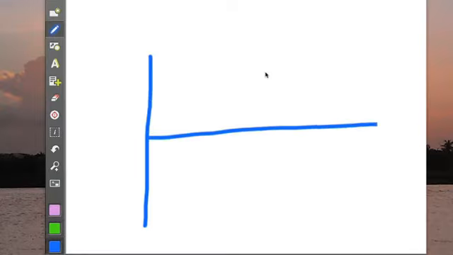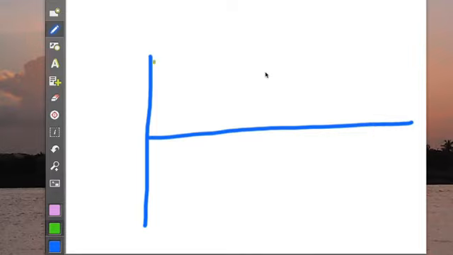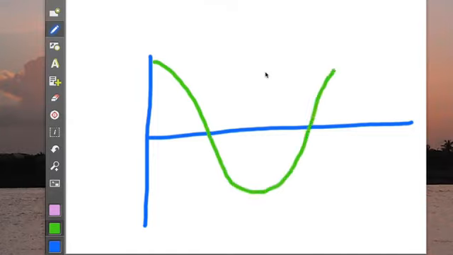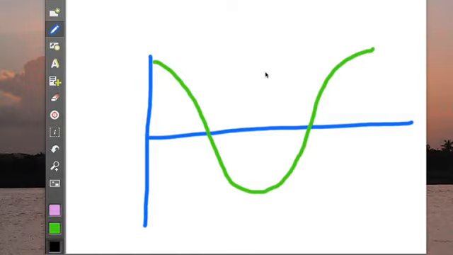Here's our axis, and the green is going to be our displacement graph. Let's try this again just so we can have a full cycle. Okay, this is a full cycle. And in our full cycle, here is halfway. This is pi radians.